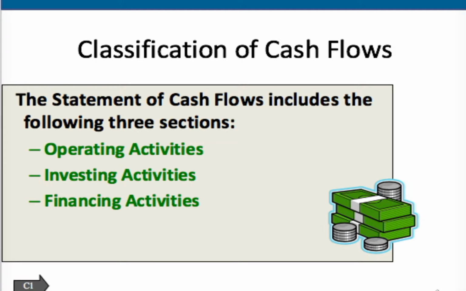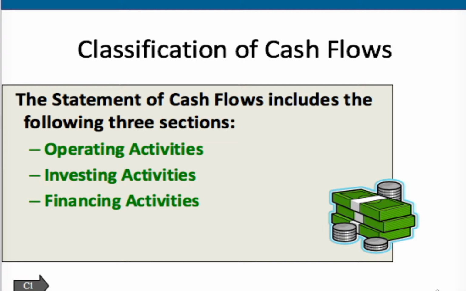However, all cash receipts and cash payments are classified and reported on the statement in one of 3 different ways, depending on how it fits into one of these categories: operating, investing, and financing activities. Individual cash receipts and payments for each of these 3 categories are labeled to identify their originating transactions or events.